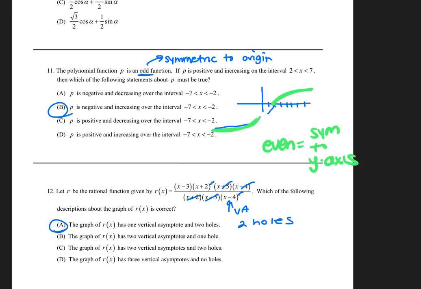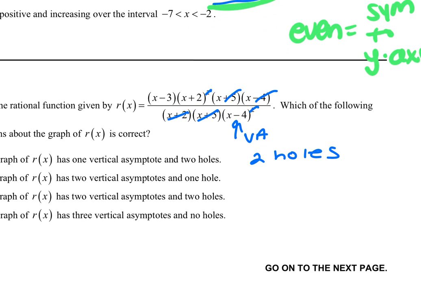What are the differences when you have a vertical asymptote and a hole? How do you determine that? If it cancels completely from the bottom, there's a hole. So for this example, number 12, you canceled out the 5 completely, that's a hole. We canceled out one of the x minus 4s, so there is still a vertical asymptote there.